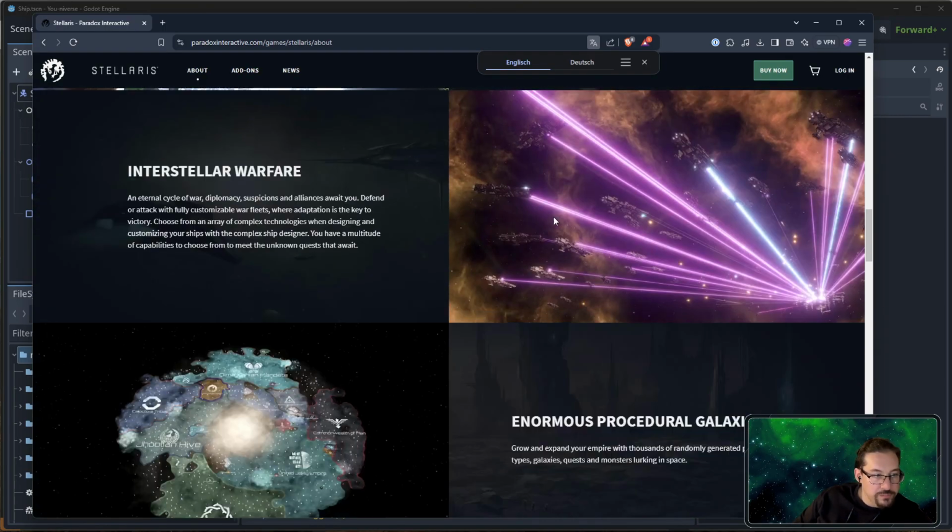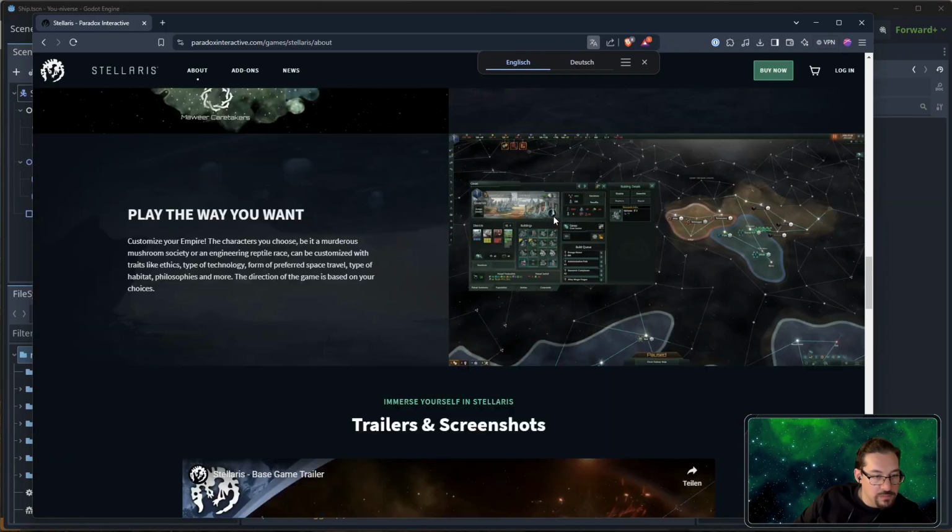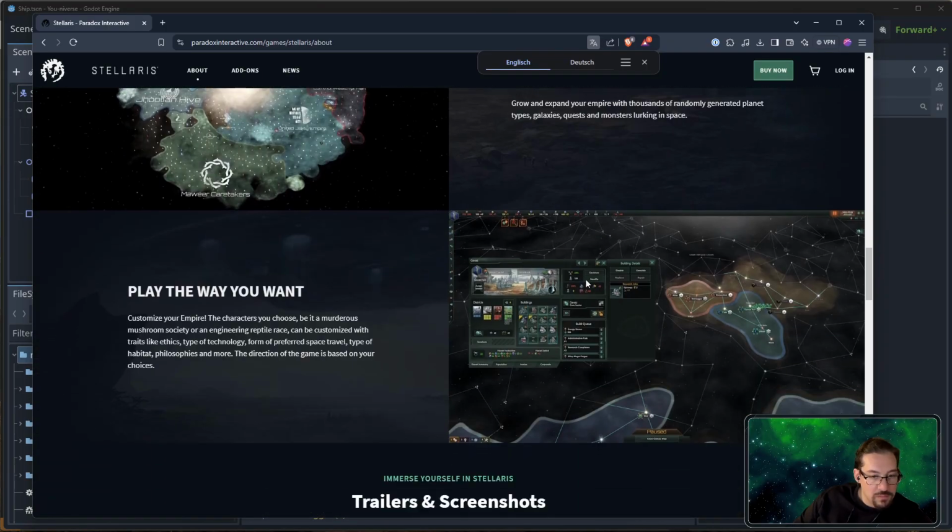Stellaris has the overview map like this, and you have your slipstream or hyperspace lanes, or whatever they are called in the game.